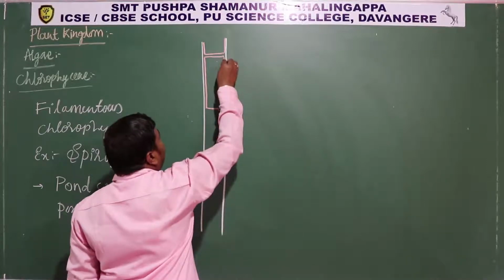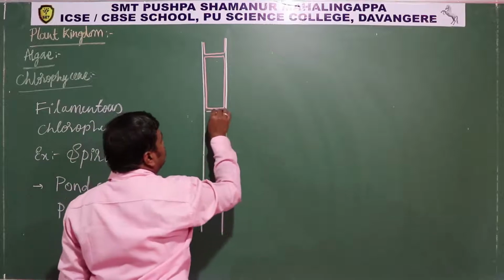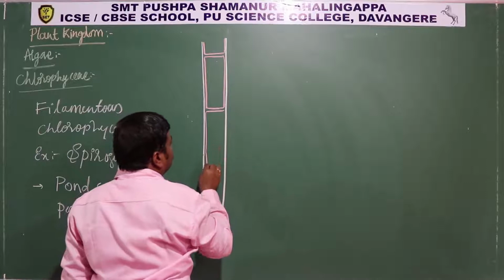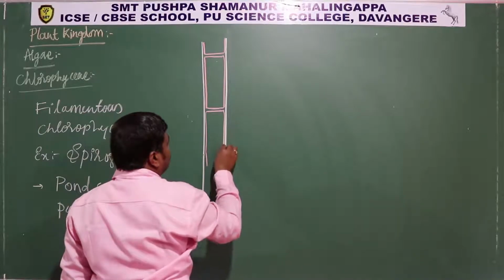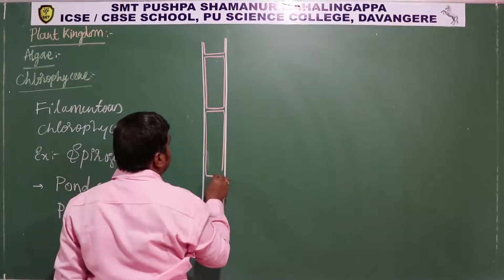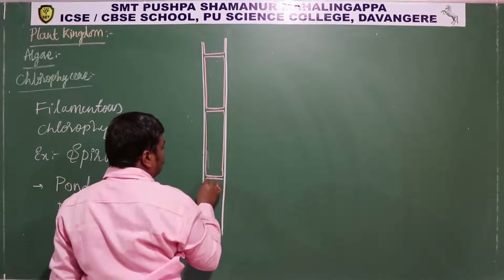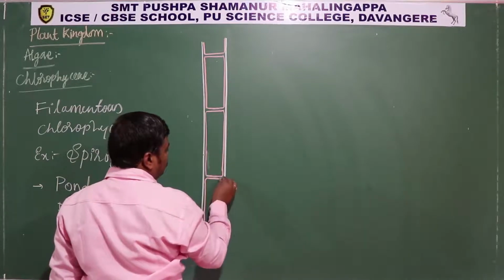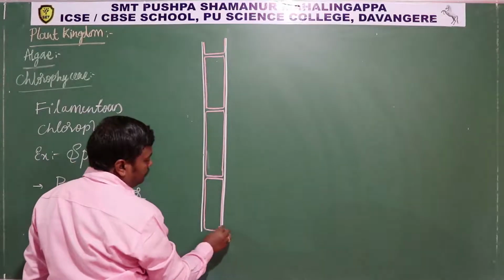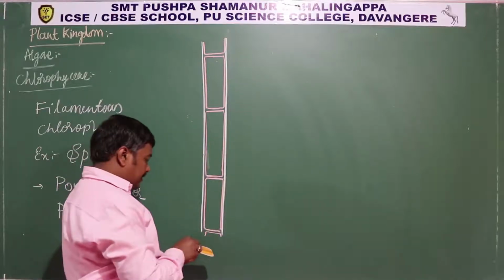It looks like compartments like this. So it looks filamentous like this.